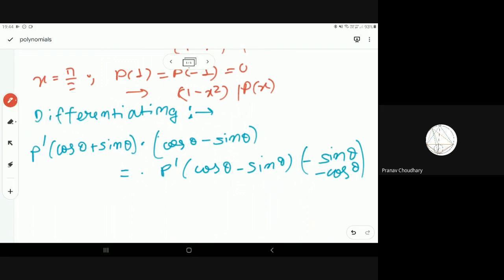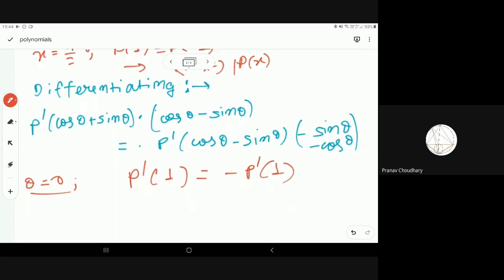So now again we can substitute different values in it. If you play around for a while and substitute, say, theta equals 0, that's directly going to give you p dash 1 equals minus p dash 1, and this basically gives you that p dash 1 is also 0.